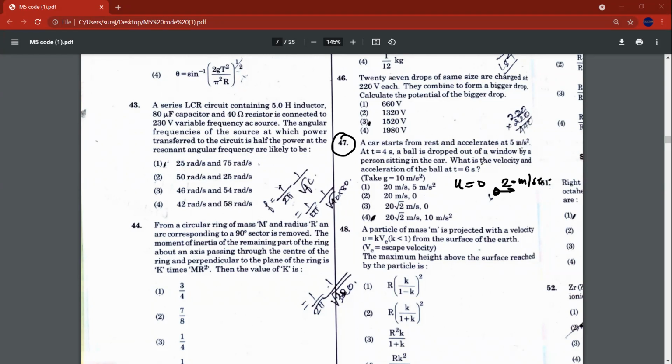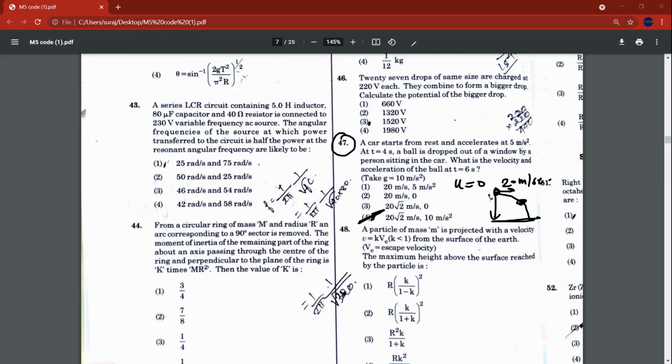For the next 2 seconds, what will happen? It will fall down. It will follow this path. So for the next 2 seconds, velocity and acceleration they are asking. Acceleration will be g, right? So with acceleration itself, we can find 47.4.